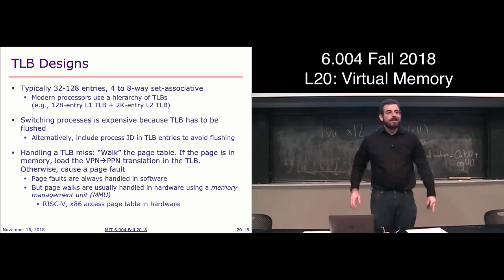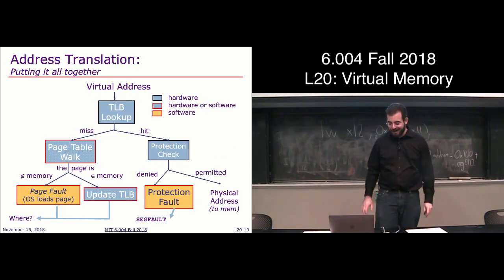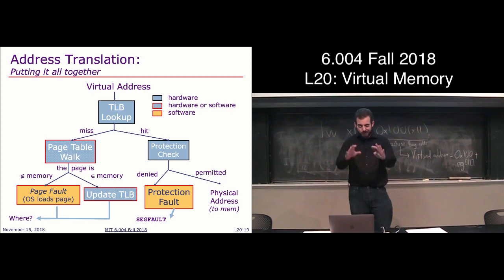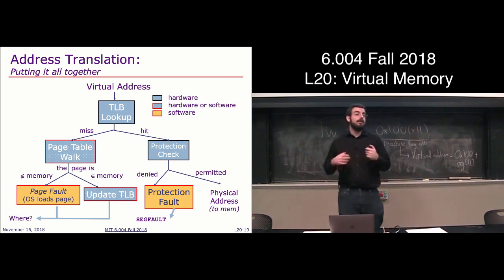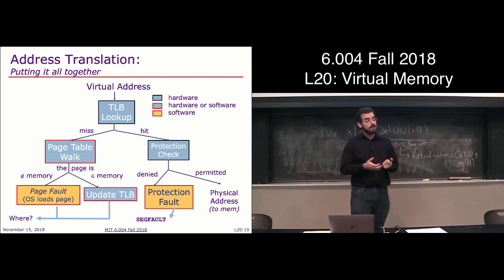Okay, so at this point, there are a lot of design decisions. Let's go back to see how this all fits together. The program is issuing requests with virtual addresses. So the first thing we're going to do is issue a lookup to the TLB, to see if we have a translation there. Best case scenario, we have a translation. Now, even if we have a translation, we need to figure out whether we can actually perform the access.